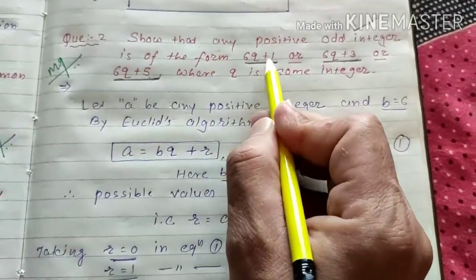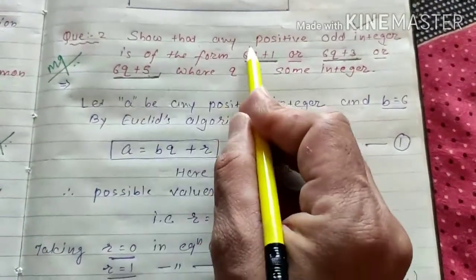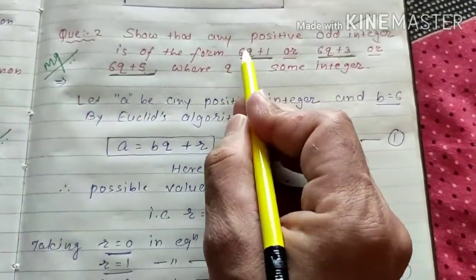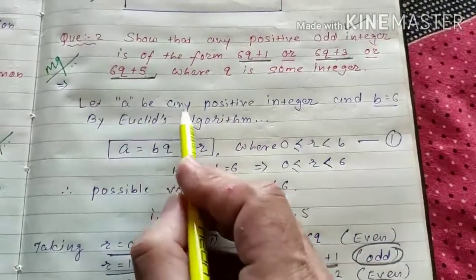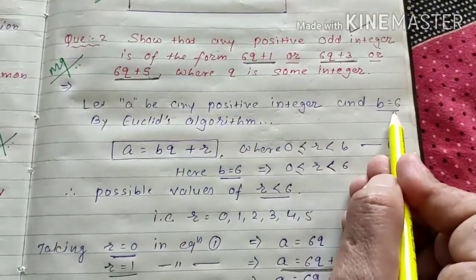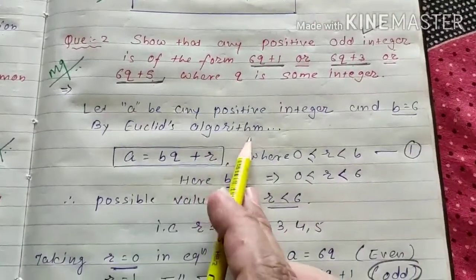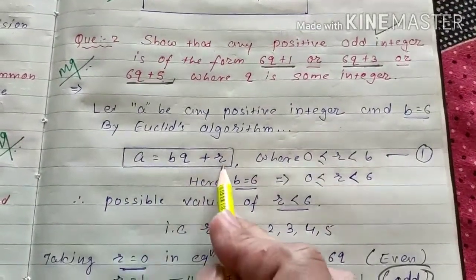So r is here 1, here 3 and here 5, and b is equal to 6, and whatever the final answer is, that is a. By Euclid's algorithm, we know that a is equal to bq plus r.